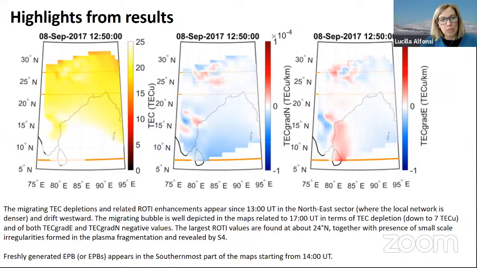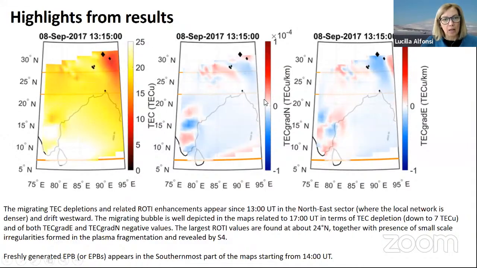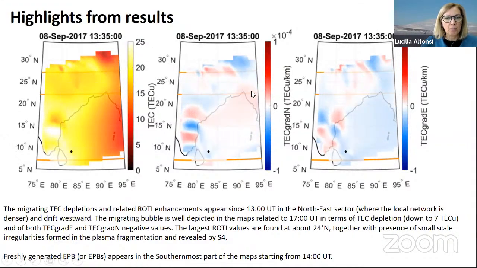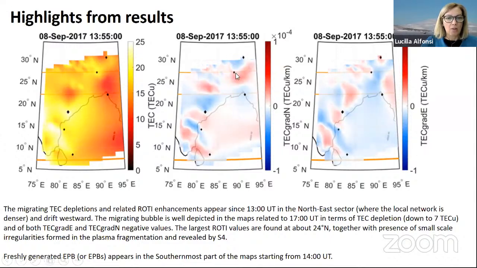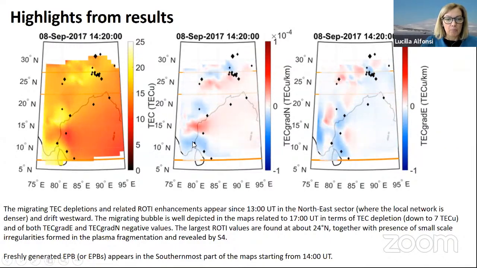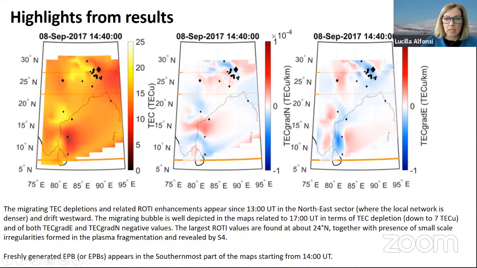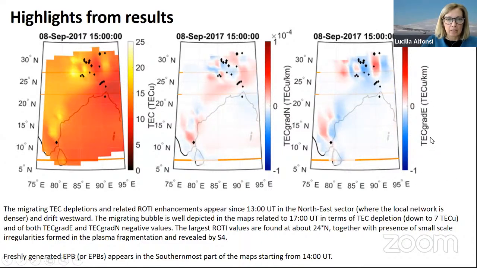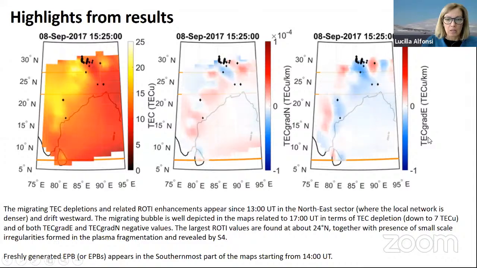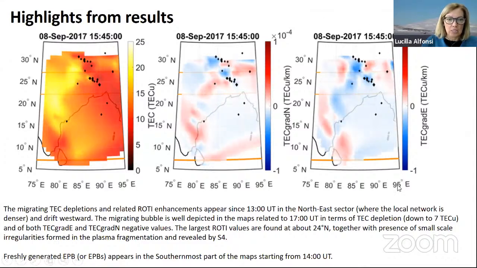From this movie, you can appreciate, from the gradients of TEC in particular, the presence of a big depletion of TEC and the appearance, as black dots, of the scintillations.